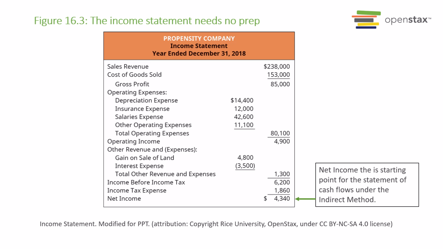So remember, you must have both the prepped balance sheet and the income statement to get you started. The net income is going to serve as the starting point for our cash flow statement in the indirect method. So once you have those statements, you've done your prep on your balance sheet, you're ready to go.